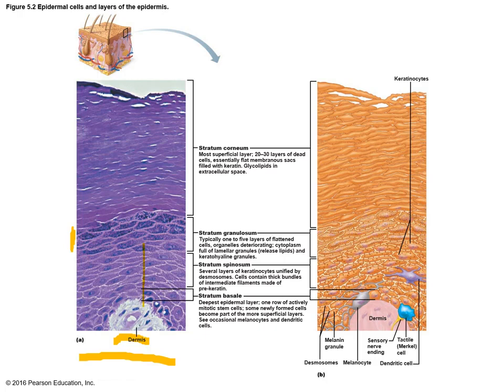And it can only diffuse so far. So when you start reaching the granulosum, the cells are starting to die. And then the stratum corneum, this thickest layer right here, basically the cells are dead at this point. And then they're going to be sloughed off the outer layer.